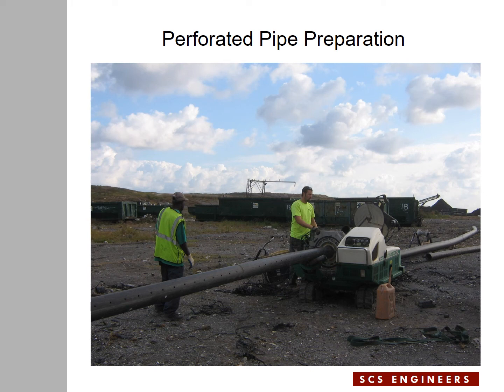For the construction of the drain system, we started with fabricating perforated pipes. In this slide, the crew is welding pipe segments together to have a long segment for pulling into the trench.